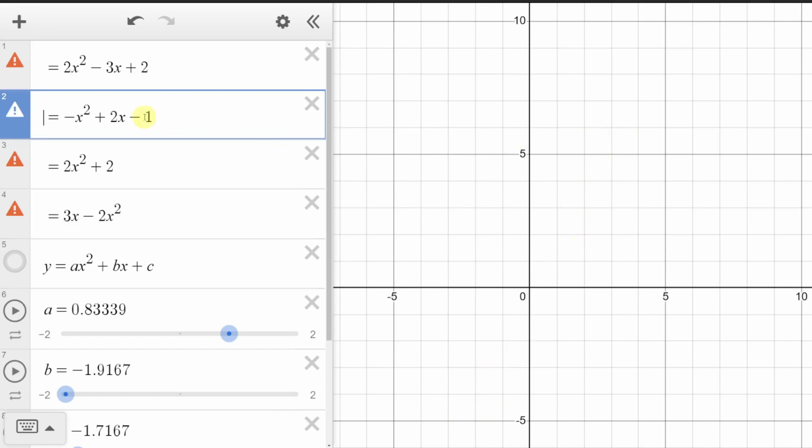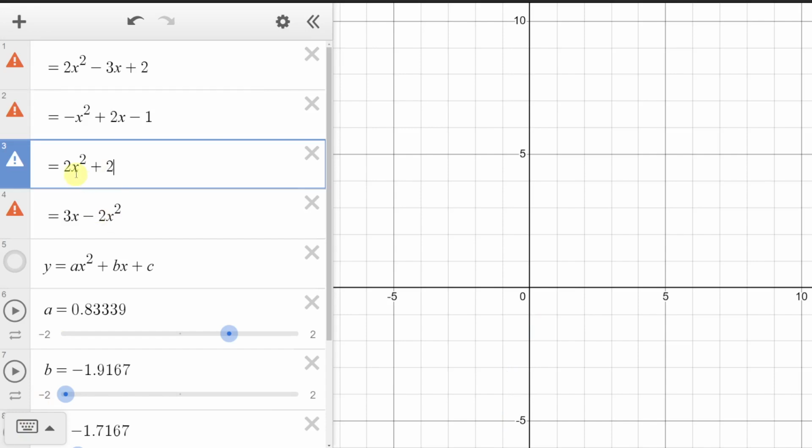And -1, the coefficient c, means that it shall cross the y-axis at -1. So we can expect something like that, or maybe like that, but we know that the function is located on the right-hand side. So let's check that out. Yes, we have what we predicted. Great, let's go to the next one.